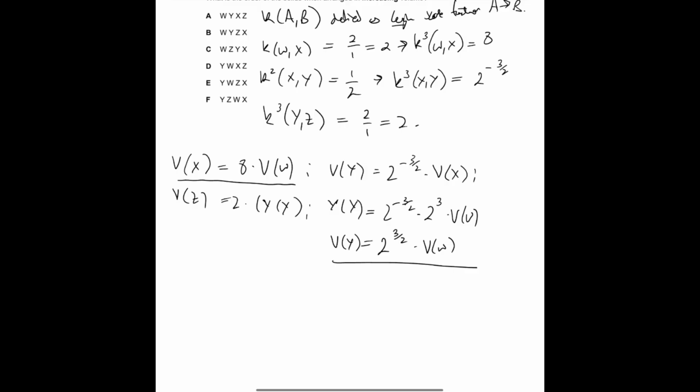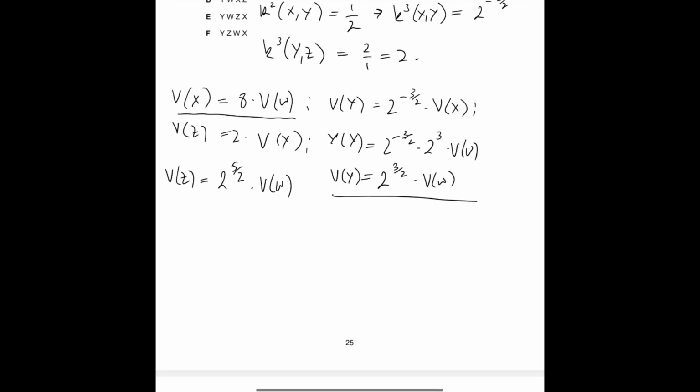And then Vz is going to be 2 times Vy, which is going to be 2 to the 5 over 2 times Vw. So anyways, we've got to arrange these in increasing order.